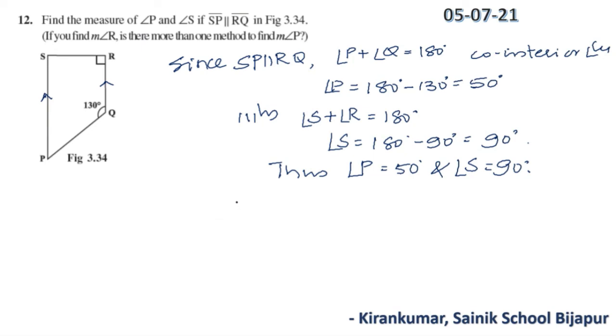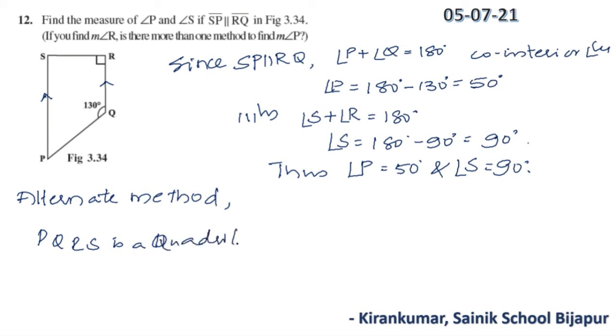Do you have any other method to find? Yes, the alternate method is PQRS is a quadrilateral. This implies that the sum of the angles, angle P plus angle Q plus angle R plus angle S is 360 degrees.